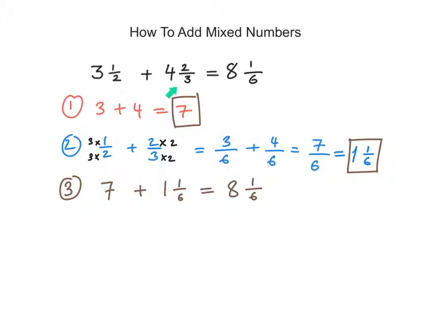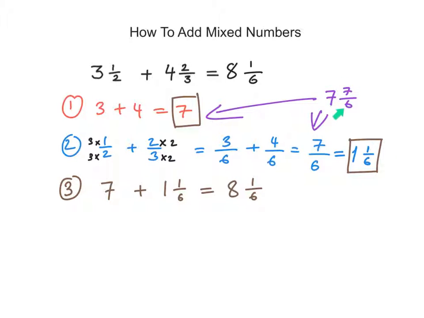The reason why I'm showing you this question here is to emphasize a point where students make a mistake. Students come to this part here, they get this answer here, and then they just combine this with the 7 here. So they write their answer as 7 and 7/6. This is wrong.